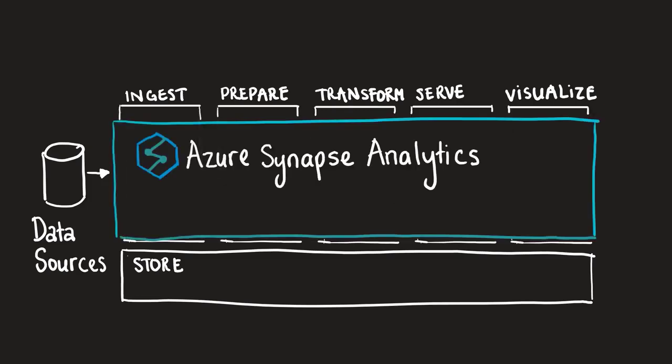But now with Azure Synapse Analytics, what we're told is that this will solve everything. It will cover the whole set of the steps that are needed in our data project, from the ingestion of data to all the transformations and all the way even linking it with Power BI for visualization.